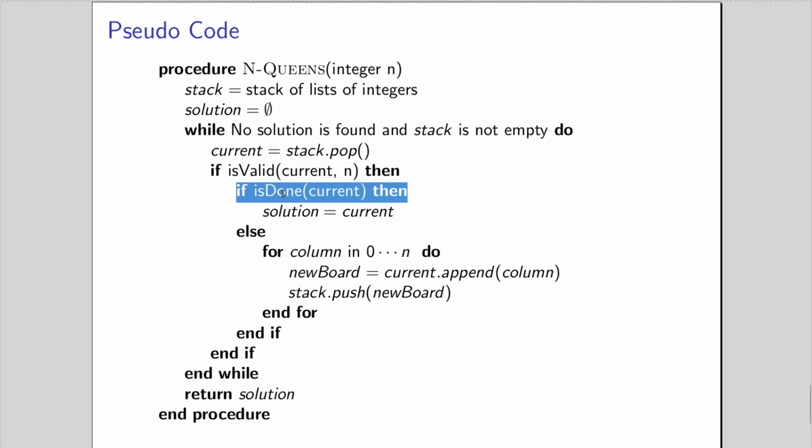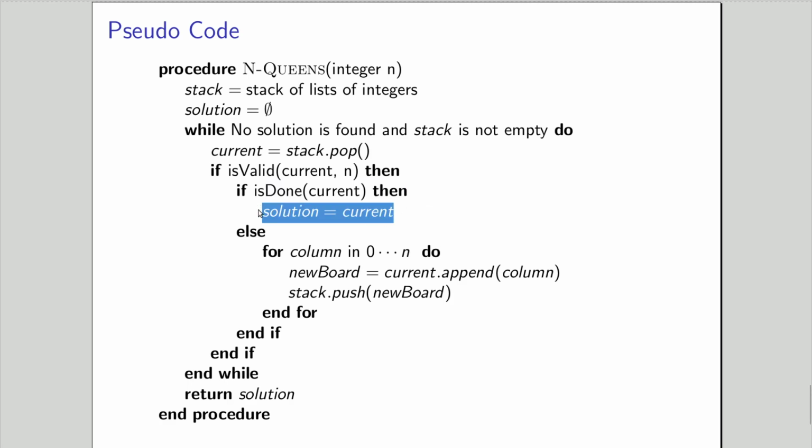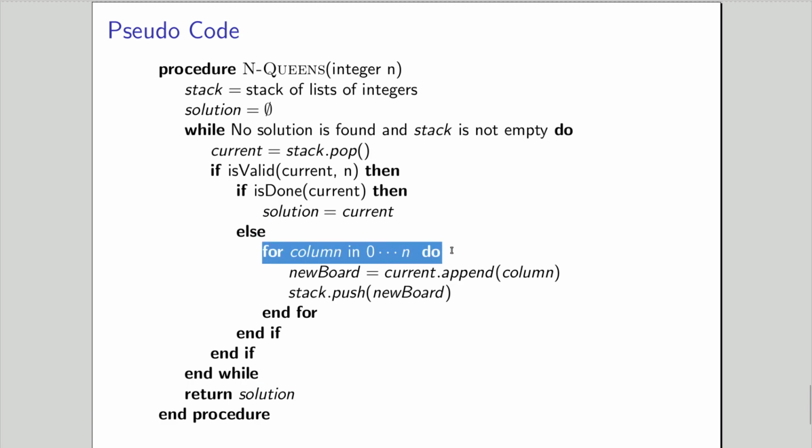Well, if it's valid and done, that's the solution. So let's remember that, and the while loop will be done, we'll just exit out with the solution. If it's not done, so if it's a partial solution, we're going to go through each, I think it makes more sense to replace this instead of column with row.